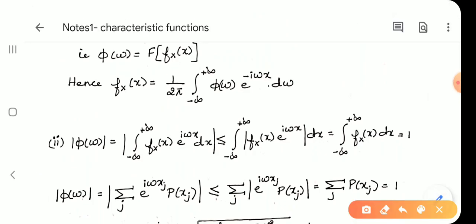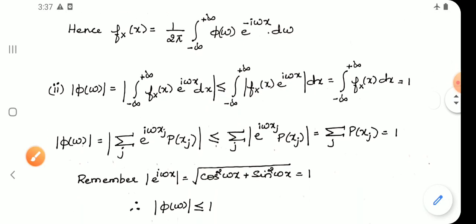Let us see the second point. Modulus of phi of omega is equal to the modulus of the integral from minus infinity to plus infinity of f_X of x e to the power i omega x dx, which is less than or equal to, writing the integral sign outside, the integral of the modulus of f_X of x e to the power i omega x dx.